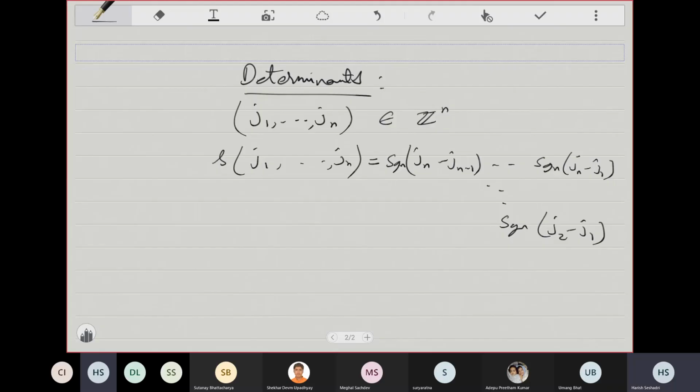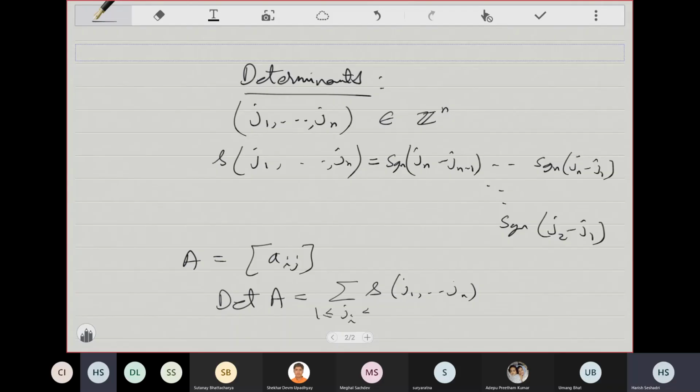And then, if you start with a matrix Aij, the determinant of A was defined to be the summation over J equals J1, ..., Jn. Here, each Ji lies between 1 and n, and the index i also varies between 1 and n.